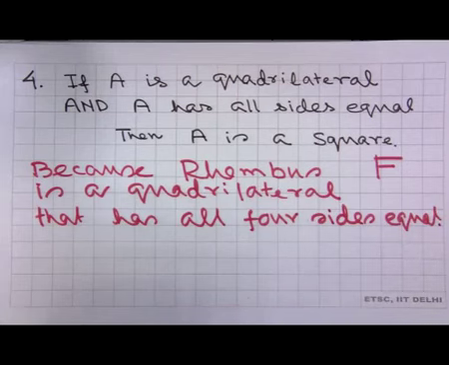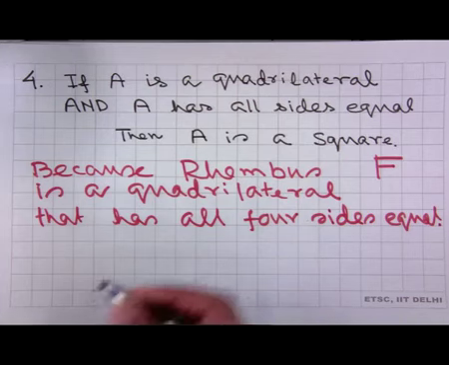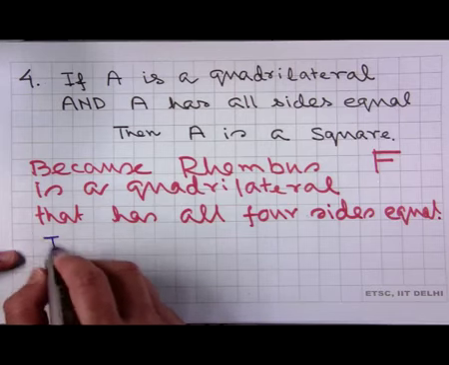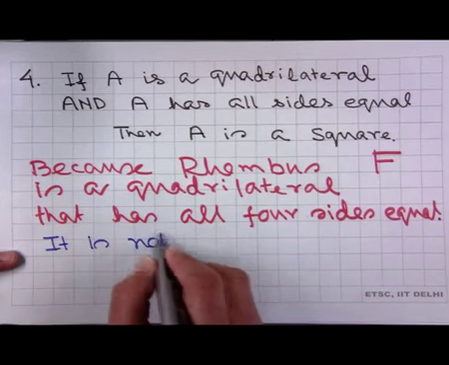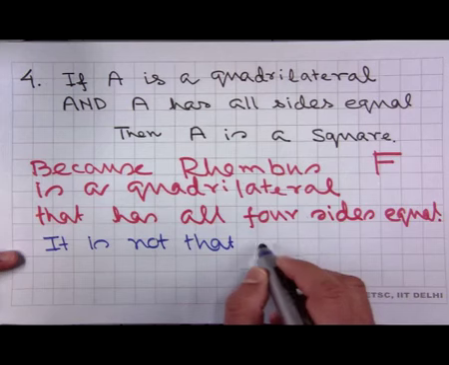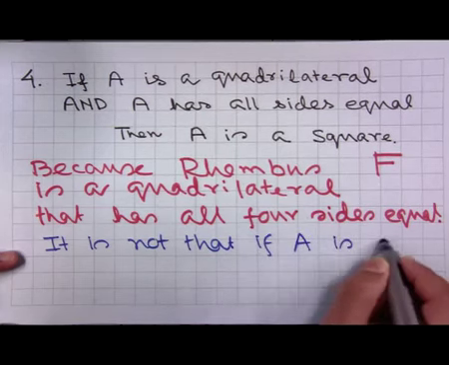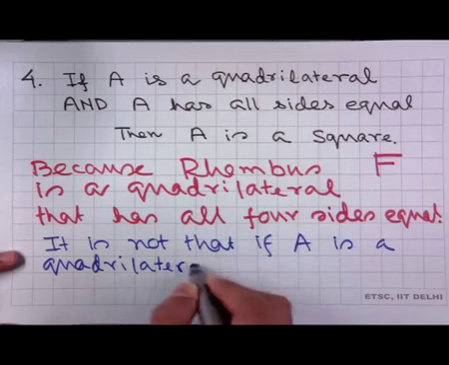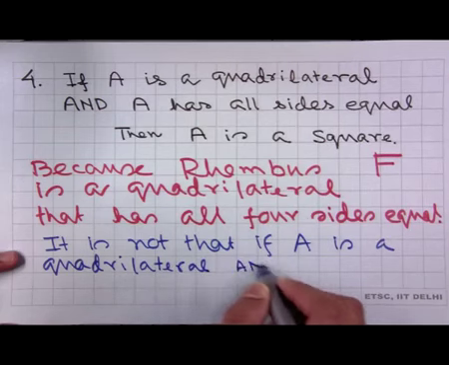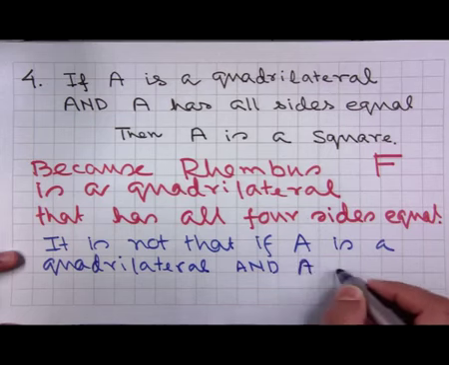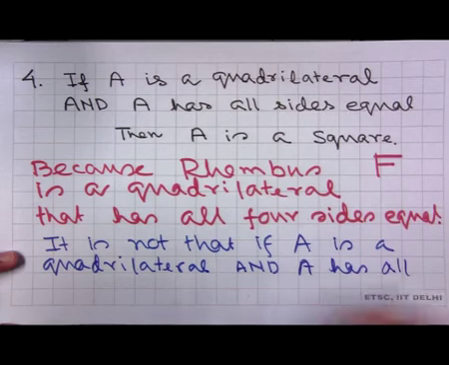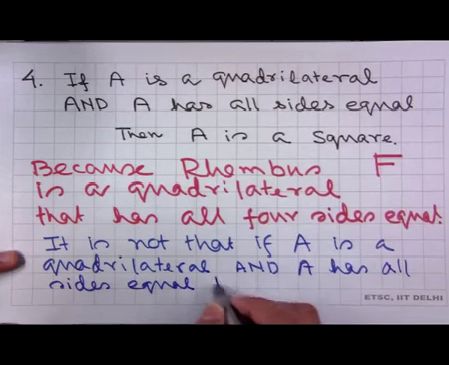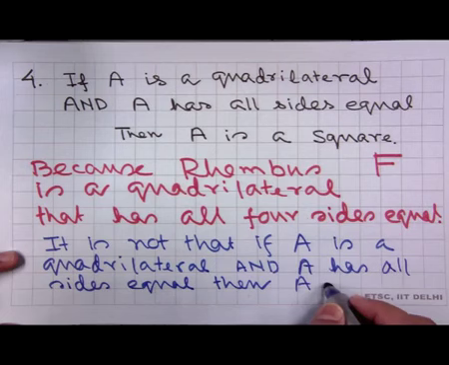Therefore, what is the negation? The negation is, it is not that if A is a quadrilateral and A has all sides equal, then A is a square.